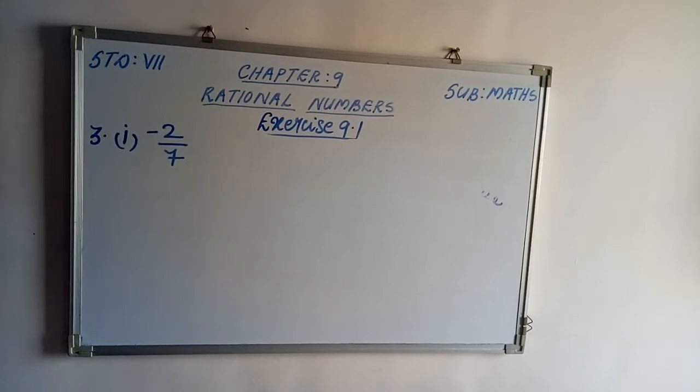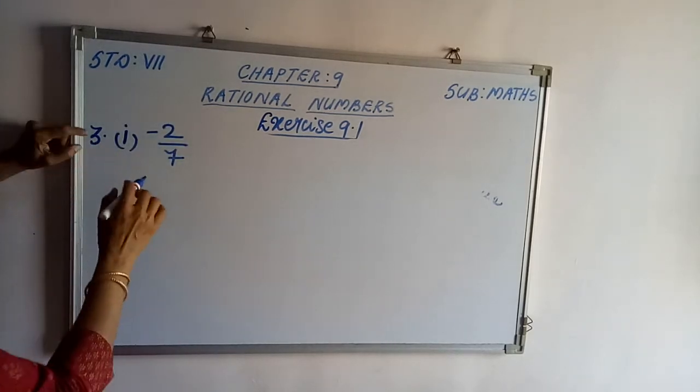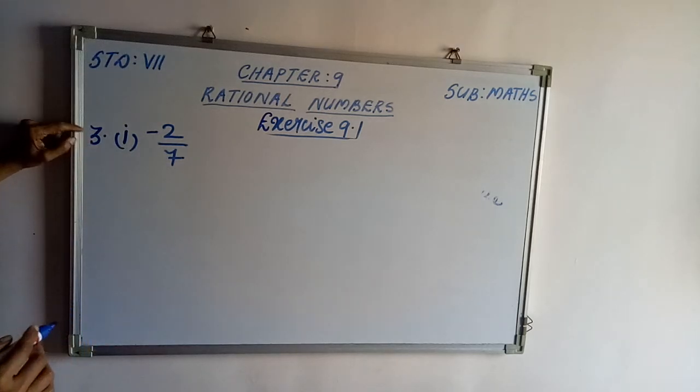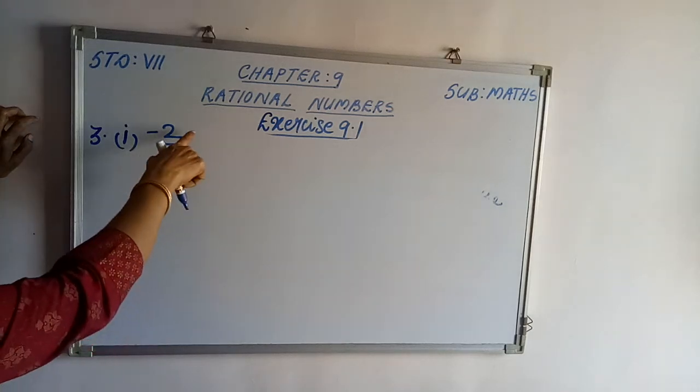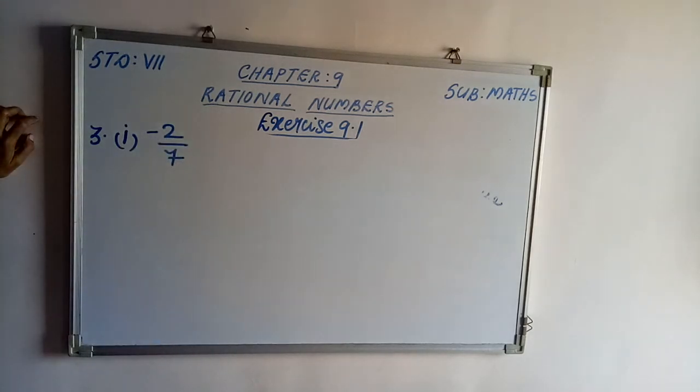So first question is minus 2 upon 7. Both numerator and denominator can be multiplied with the same integer, then we get equivalent rational numbers. So first we multiply both numerator and denominator by 2, then by 3, then by 4 and then by 5. How many do we need? We need 4.